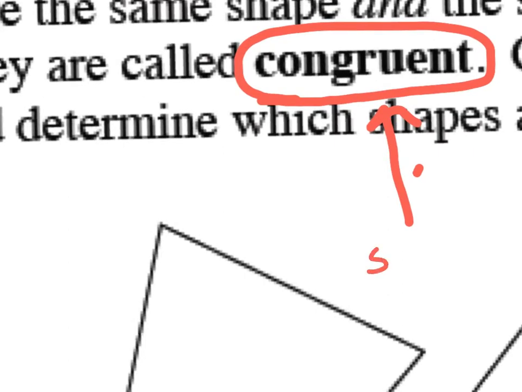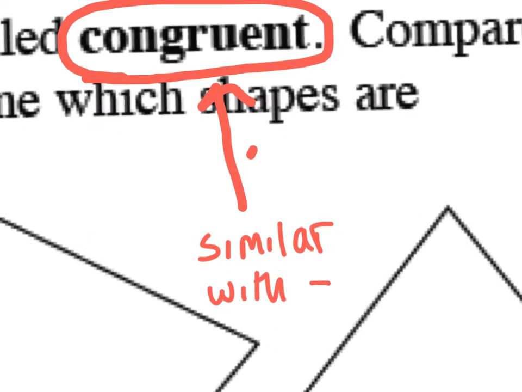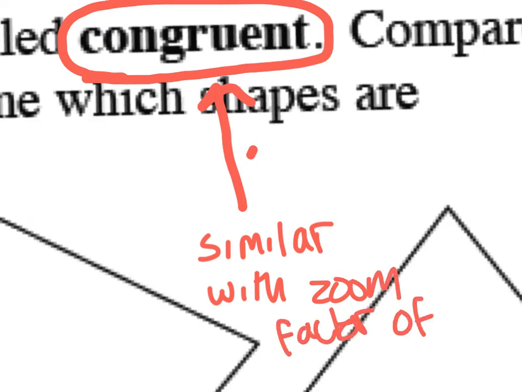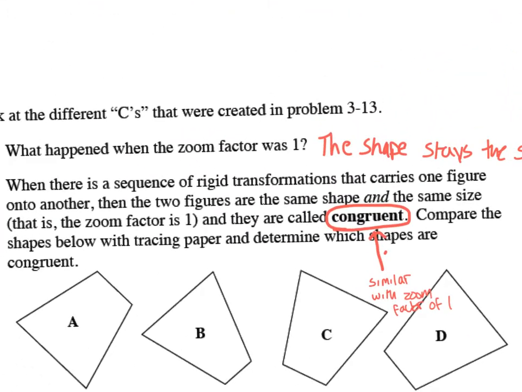So in essence, this means that the shapes are similar with a zoom factor of 1. In order for two shapes to be congruent, they're the exact same.